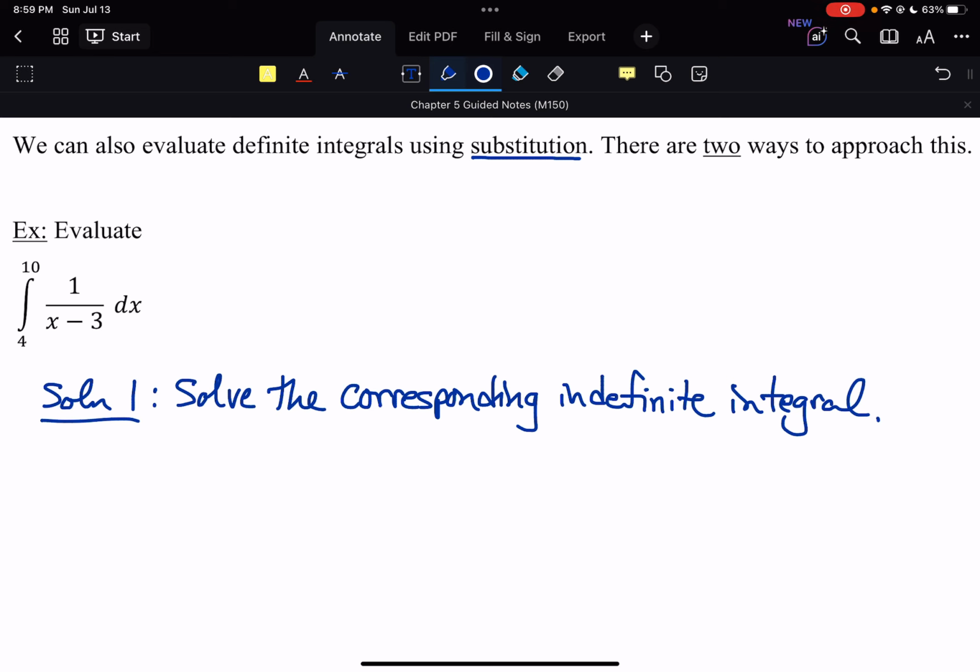The first way that we can approach this is by basically just ignoring the fact that it's a definite integral, go through our process of taking the antiderivative and then bringing the bounds back in after. So we would take the indefinite integral of 1 over x minus 3 dx.